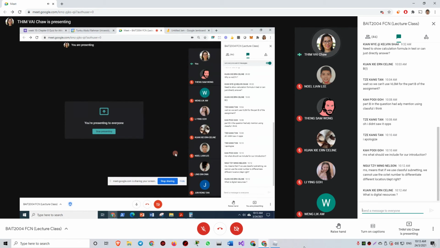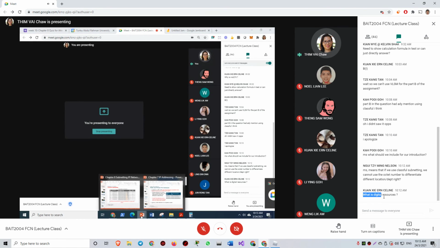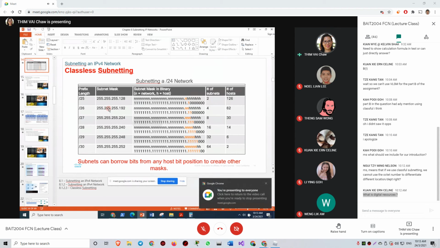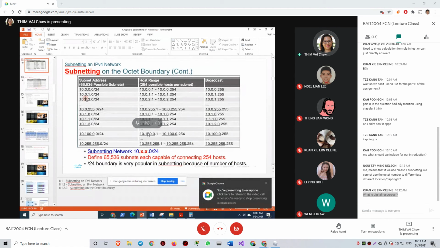Next, if we use classful subnetting, can we not use the octet number to differentiate different locations? We still have a number. We can still differentiate the location by department also. It is still possible, because you were able to see just now.